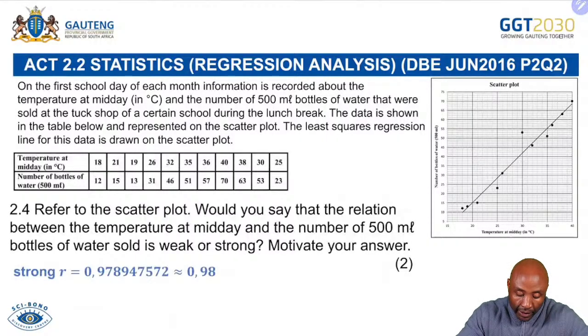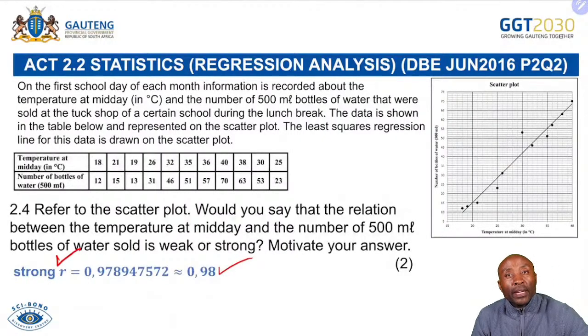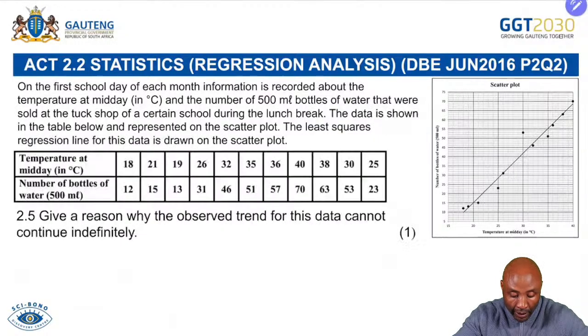And this is going to be strong because our R value is 0.98. It's a strong positive correlation of 0.98. Now, the last question, I will give you 1 minute. No, let me make it 2 minutes. You give a reason why the observed trend for this data cannot continue indefinitely.